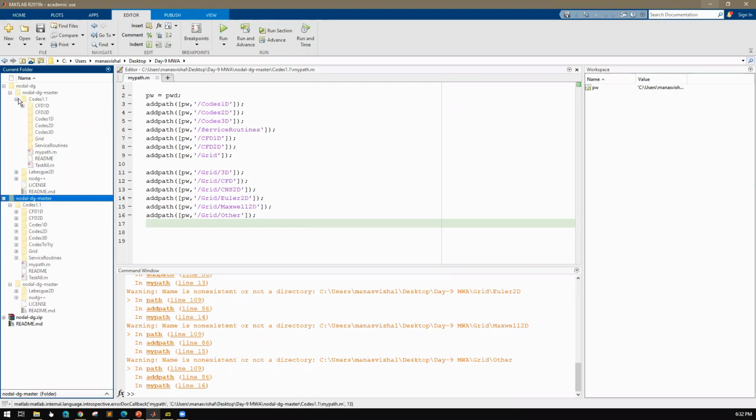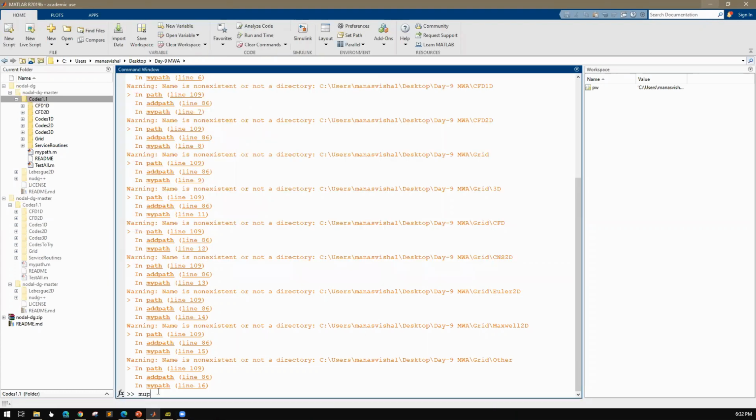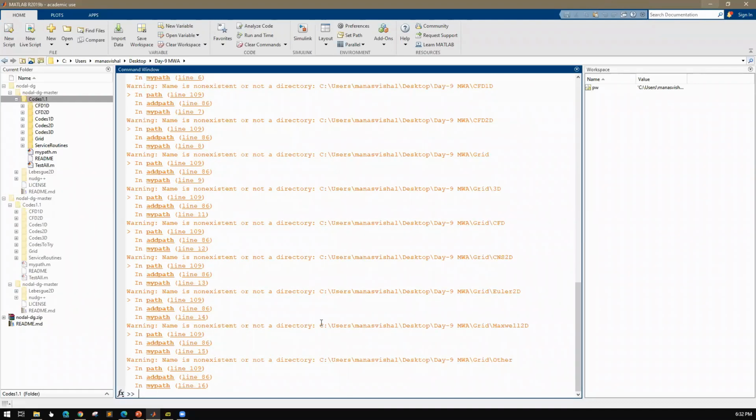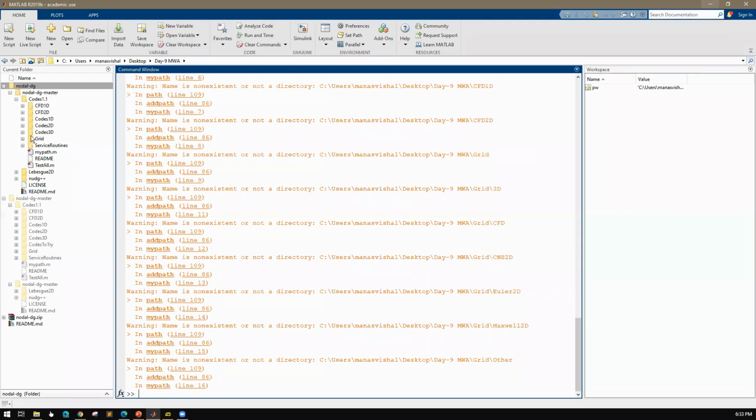So what we want to do is add this code directly to the path for now, and then we run the mypath file. So yeah, Murphy's law is correct. If you want something to go wrong, then it will go wrong.